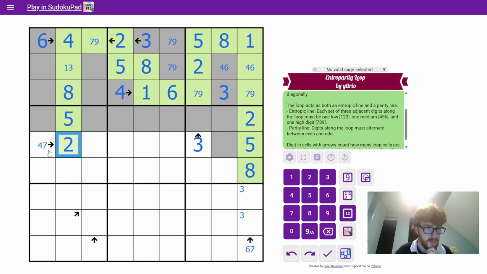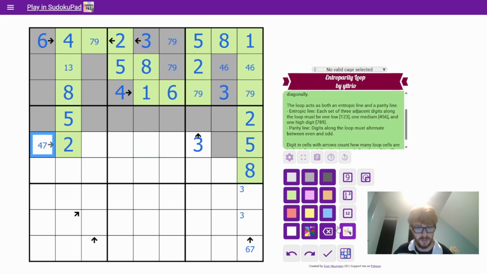So let's think. If that can be on a loop, I think. If it is 7. That means that all of these have to be on a loop, and then we have a branch. So it isn't. Okay, so it is not on the loop. It could still be 7.